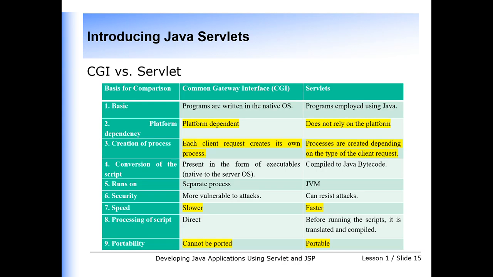So servlet code is platform independent. If you talk about the creation of process, as I told you earlier, CGI script creates a new process for each and every client, but servlet does not create a new process for each client, so servlet is loaded only once in the memory.